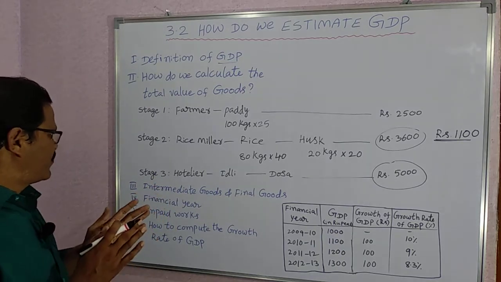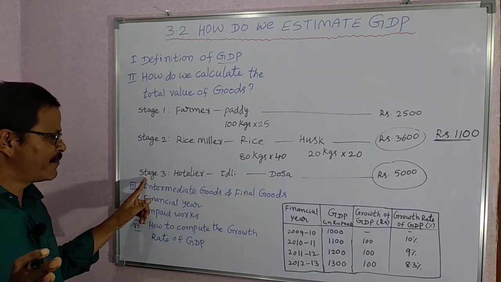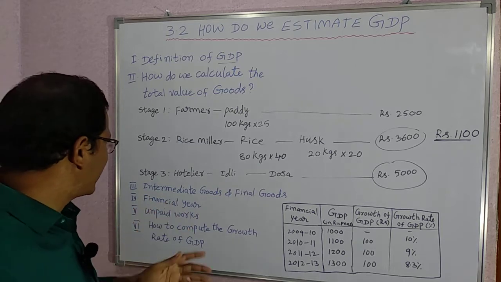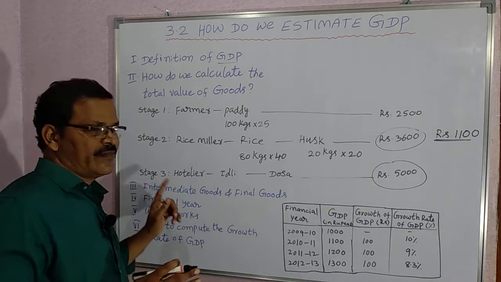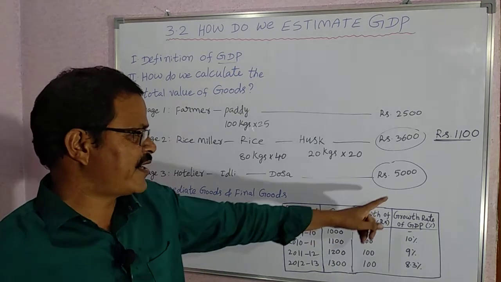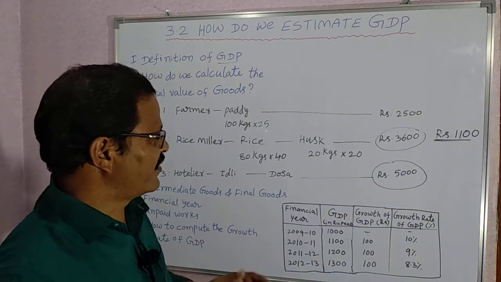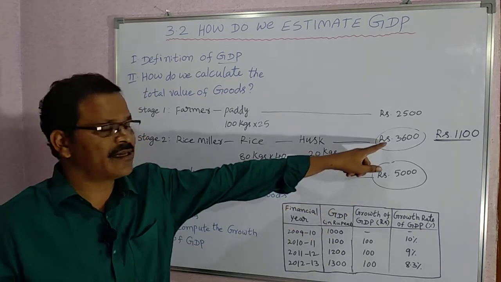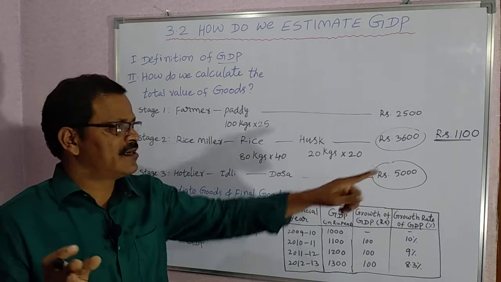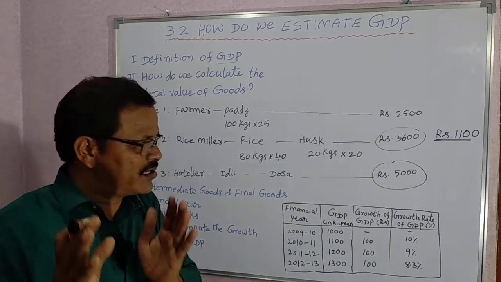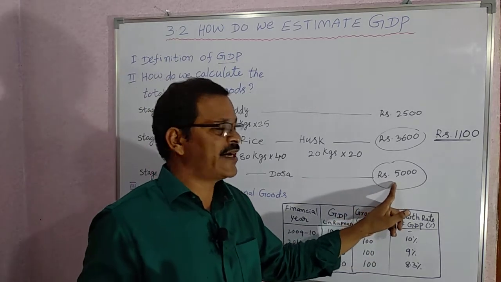What is the value of paddy at stage 3? Our answer is 5,000 rupees. The value of paddy at the second stage is 3,600 rupees. The value of paddy at the third stage is 5,000 rupees.